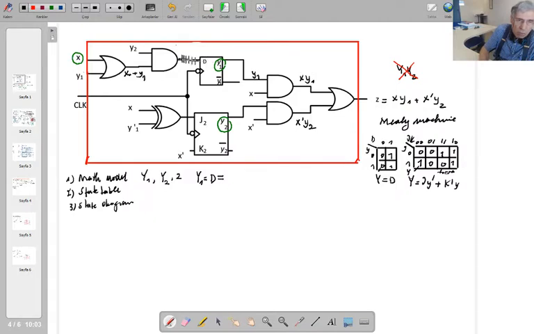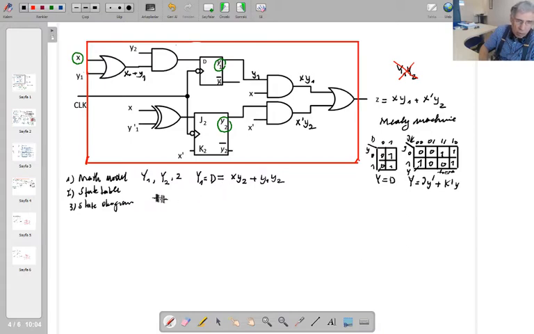If you look at the D input here, this is the OR gate, x plus y1, and this is the y2 input. So multiplication of those two gives you the output of this AND gate. That means (x plus y1) times y2. So this is the function that I am looking for. This is the next state function because all these variables here are independent variables.